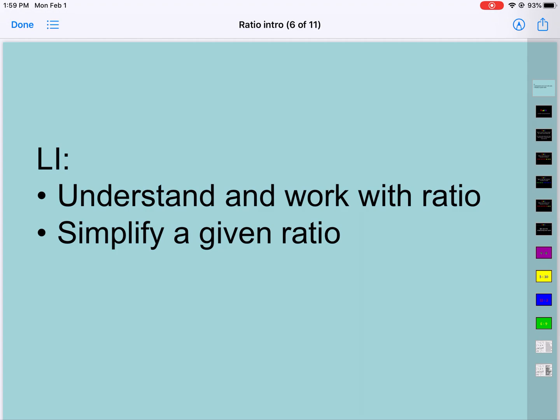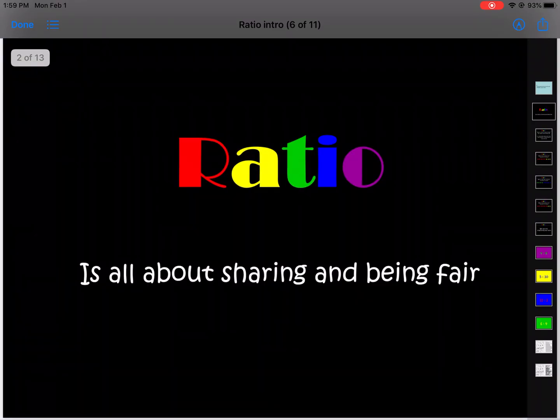Okay, so today's intentions, just like on Tuesday, are to understand and work with ratios, to create ratios, and to simplify a given ratio. Okay, so to first understand ratio. Ratio, the word, is all about sharing and being fair.